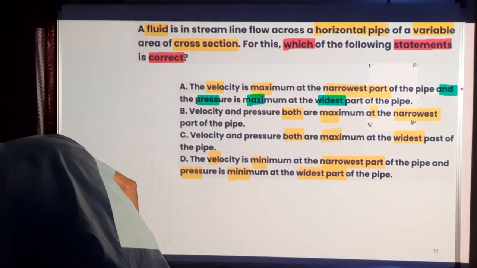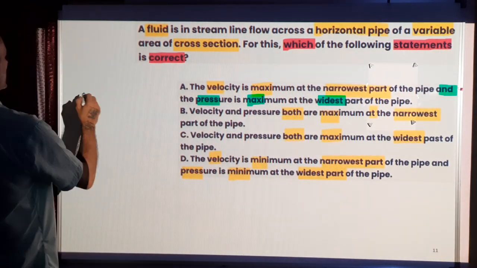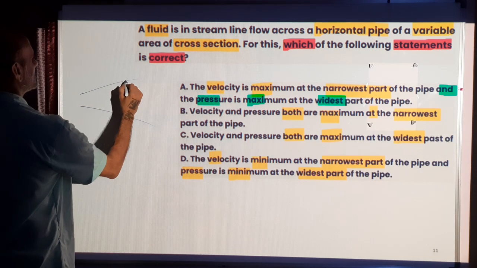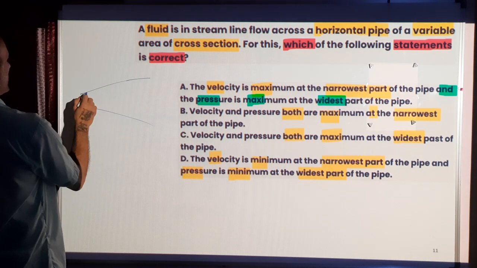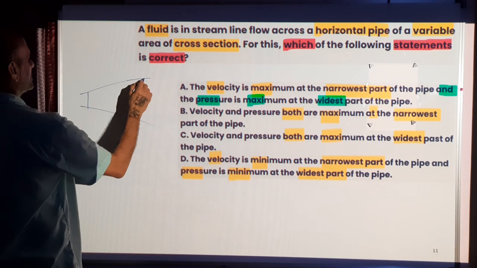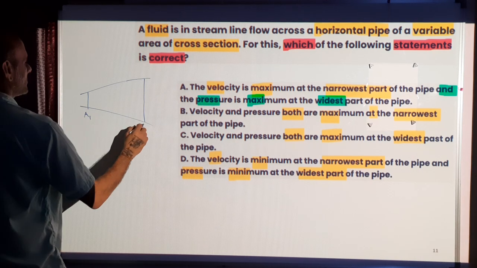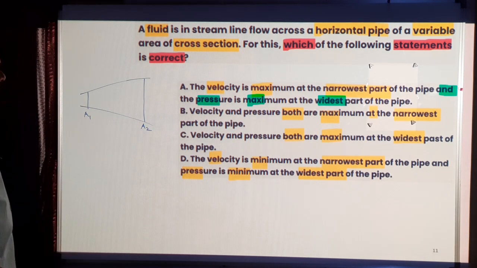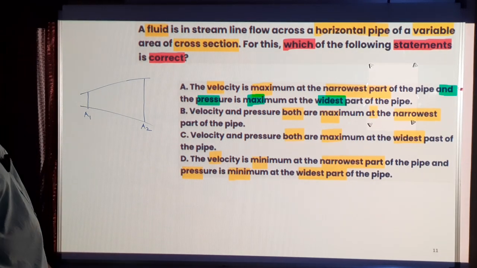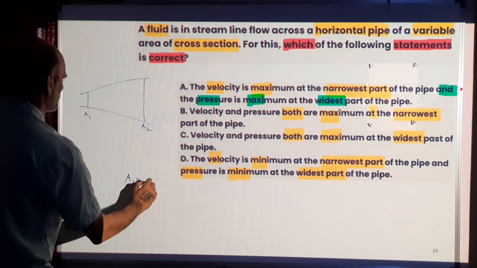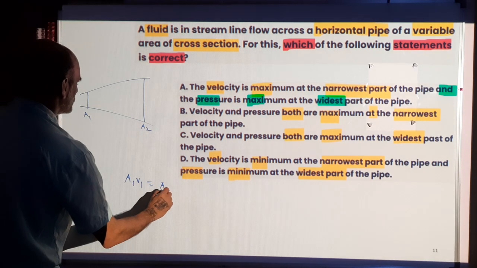It's like a theoretical question. A pipe of variable cross section. So let me assume like this. Here the cross section is small, the narrow end, and this is the broad end. A1, A2. We have the continuity equation for incompressible flow, which is A1 V1 equal to A2 V2.